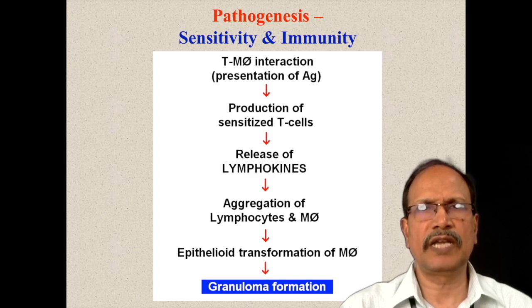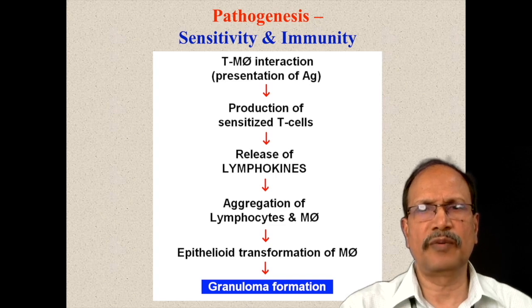This interaction between the macrophage and T helper cell ultimately results in the production of sensitized T cells or cytotoxic T cells. These cells release lymphokines, which are responsible for recruitment of more lymphocytes and more macrophages, and also stimulate the macrophages to become more efficient in killing of the bacilli.